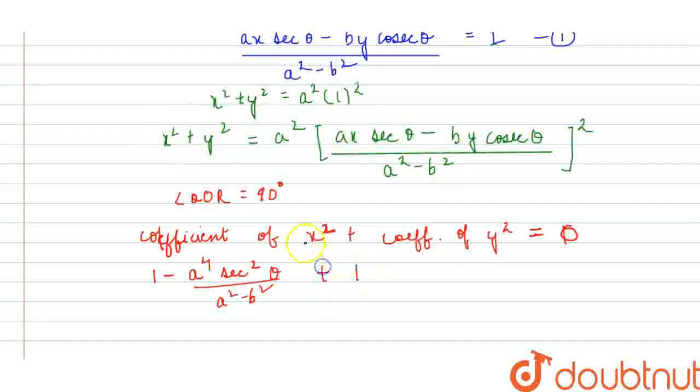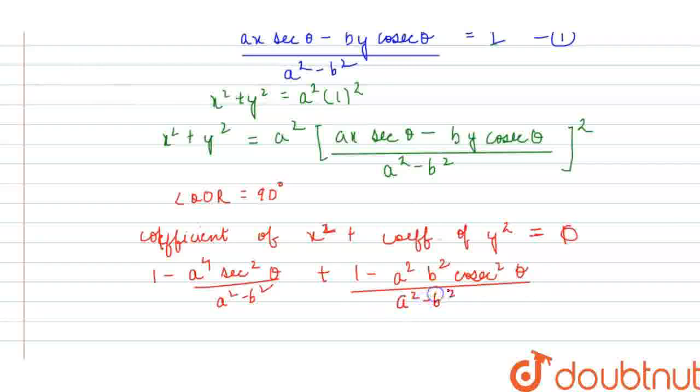This is of x square, and y square would be this coefficient and this after taking the square, y square. So that would be 1 minus a raised to the power 4 because here also after taking the square, square and square is a raised to the power 4. Similarly here it would be a square b square cosec square theta in the numerator, and in the denominator it would be a square minus b square.